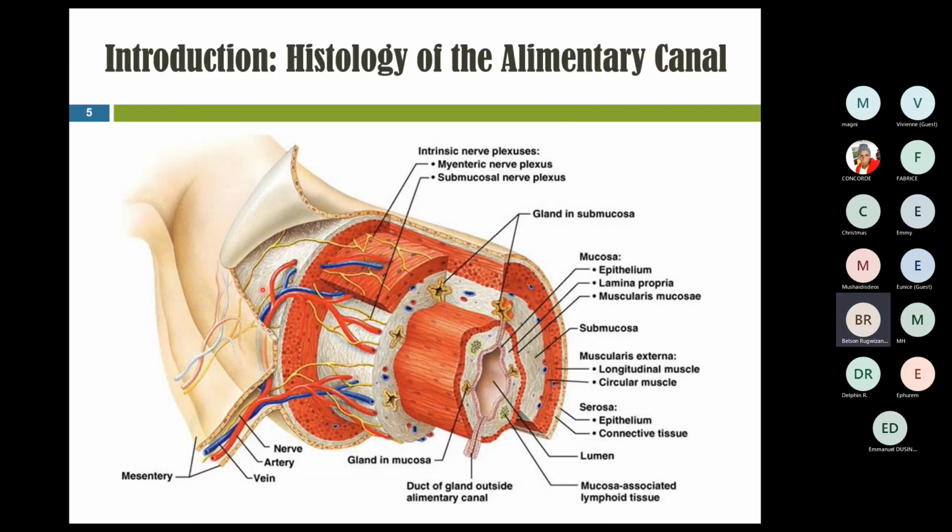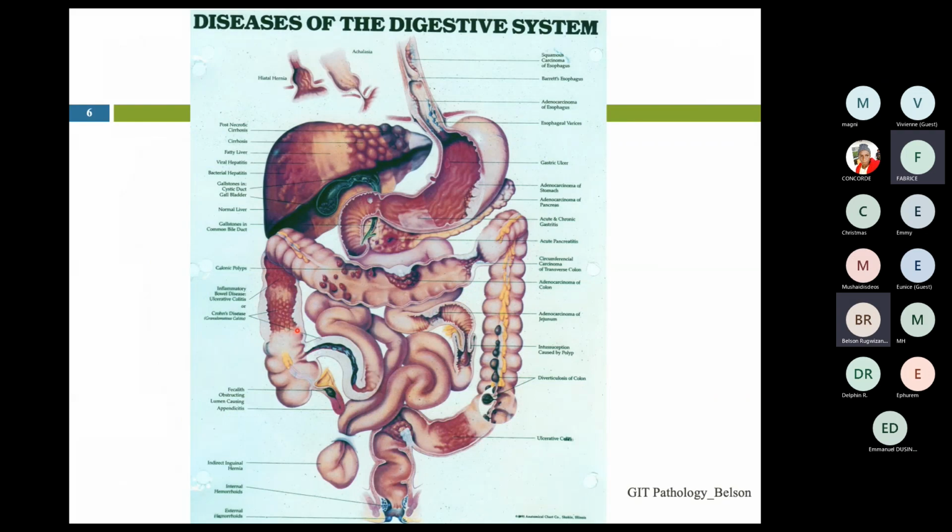Of course, we also have vascularization, the arteries and the veins and the lymphatics and so on. And you have nerves going there. So this diagram is showing the different diseases, some of which we will cover in this presentation.